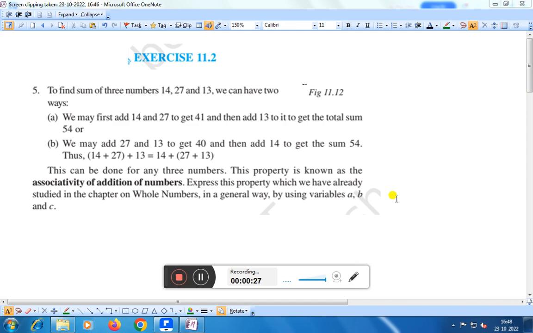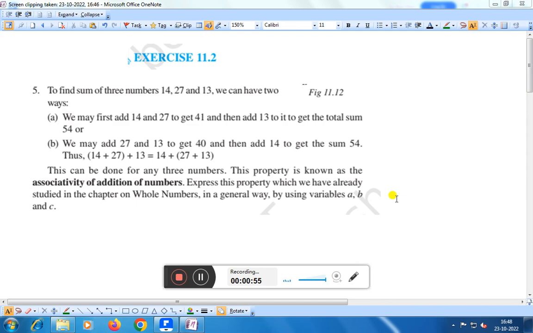Or we may add 27 and 13 to get 40 and then add 14 to get the sum 54. Thus we can say that 14 plus 27 plus 13 is equal to 14 plus 27 plus 13. This can be done for any three numbers. This property is known as the associativity of addition of numbers.